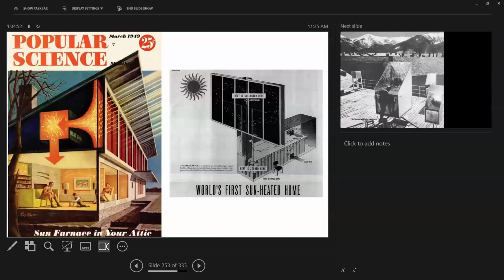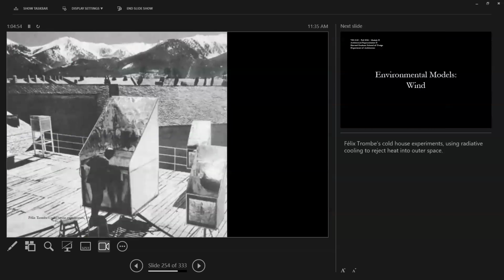And then also Felix Trombe did all these insulating box experiments, to try to make houses that would radiate in the cold, that would radiate in the radiant spectrum but not in the visible spectrum, so they would lose heat to outer space, which is something that is actually coming back now.